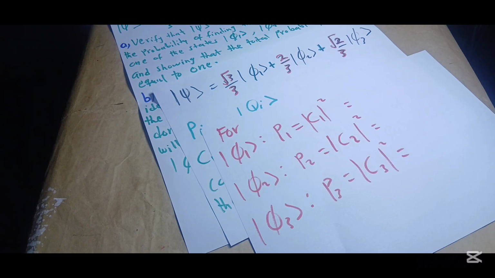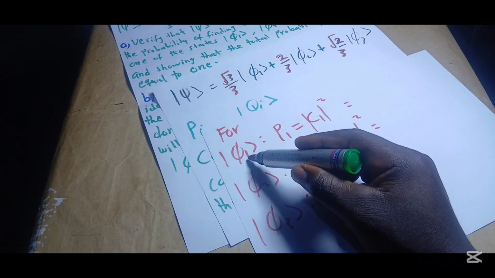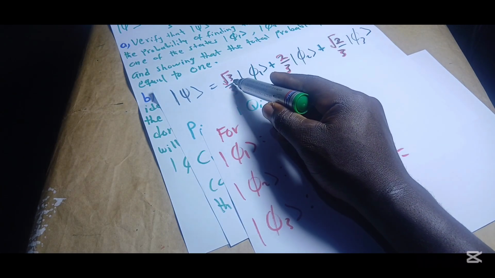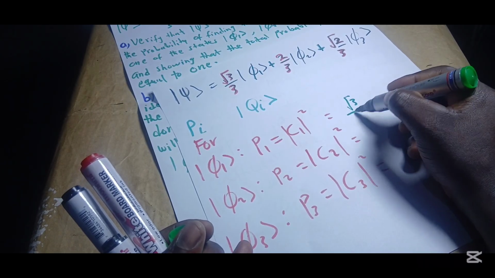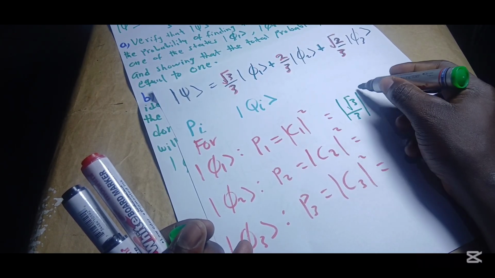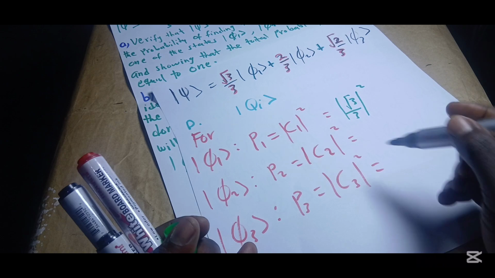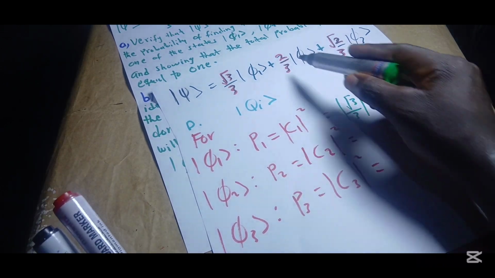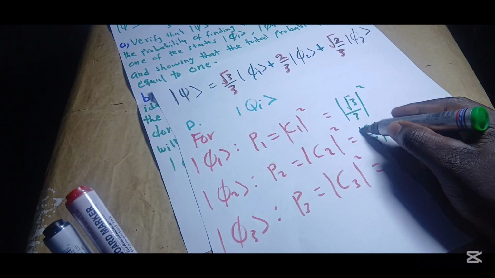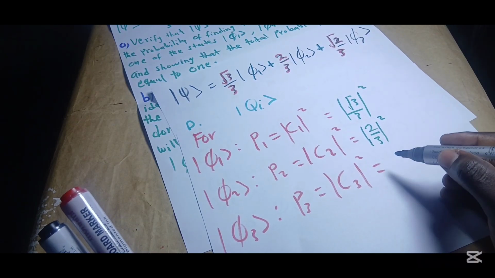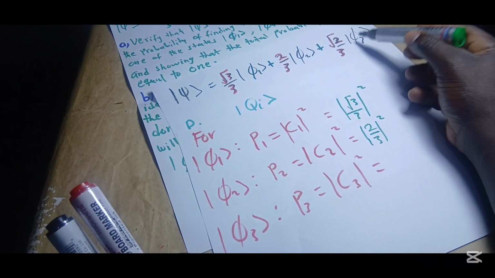So now, what is the coefficient of phi 1? It is square root of 3 over 3. So square root of 3 over 3 absolute squared. What is the coefficient of phi 2? 2 over 3. So absolute 2 over 3 squared. What is the coefficient of phi 3?